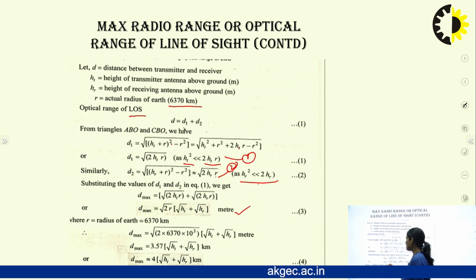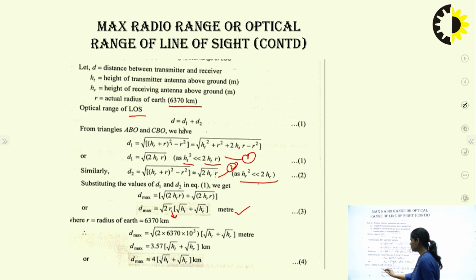Now radius of the earth, that is equal to what? 6370 kilometer. Now you can put here the value of R, that is equal to 6370 kilometer. So d max is equal to under root 2 into 6370 kilometer. So kilometer you can convert it in meter, 10 to the power 3, in bracket under root h_t plus under root h_r meter.